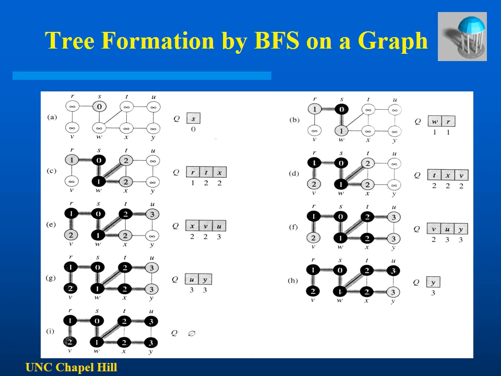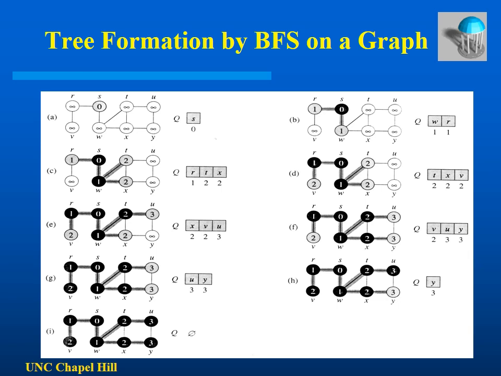The length in Y is marked as the length of X plus 1, that is to say 3. And the associated tree arc from X to Y is now marked. And having completed dealing with X, we mark X as complete.